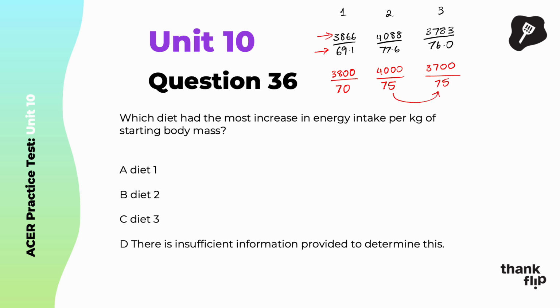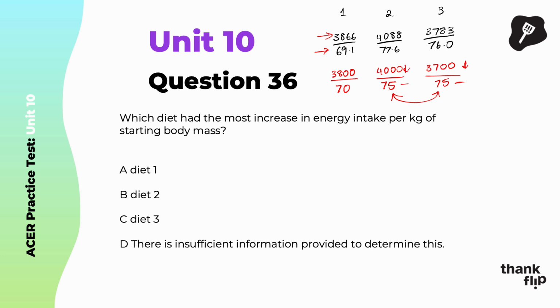So out of these two options here, because our denominators are the same, it makes it a little bit easier to compare. The denominators are the same, and the one with the lower numerator is going to be the lower value.